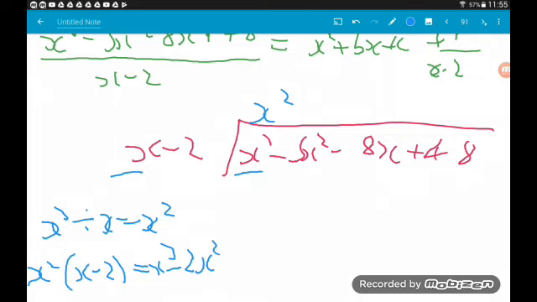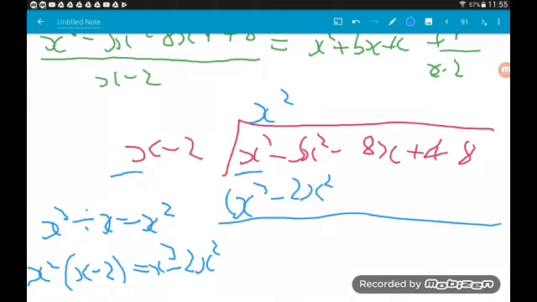Now we write that underneath the cubic. So, x cubed minus 2x squared. And we now subtract the blue expression from the red. So x cubed minus x cubed cancels out.